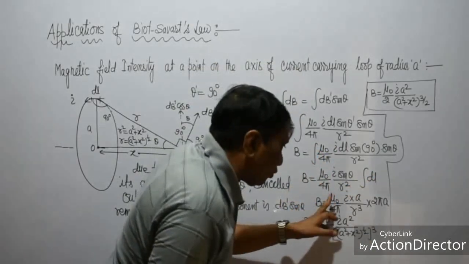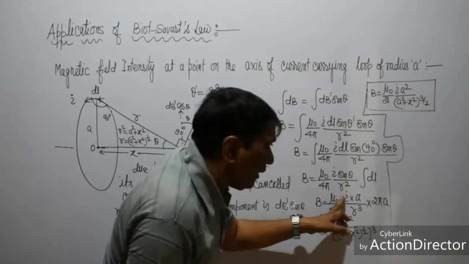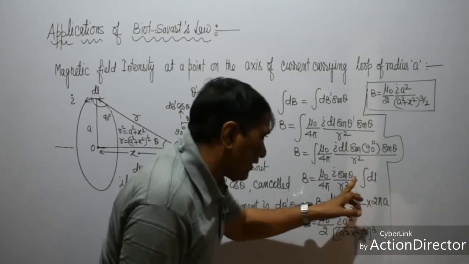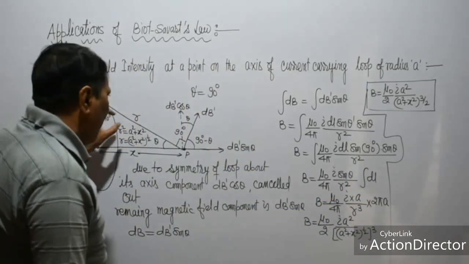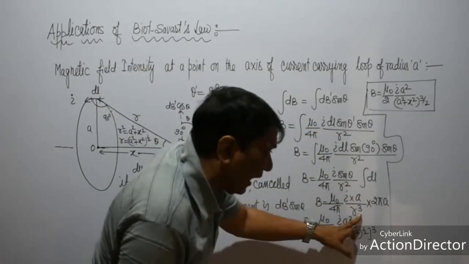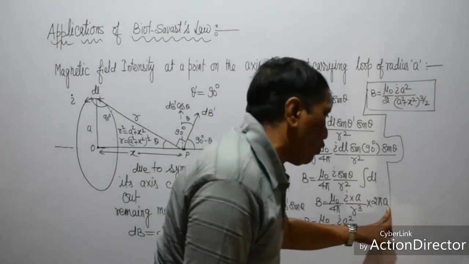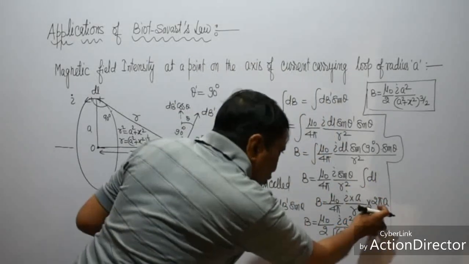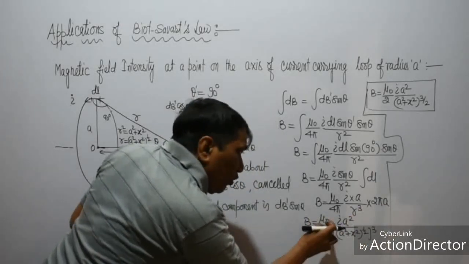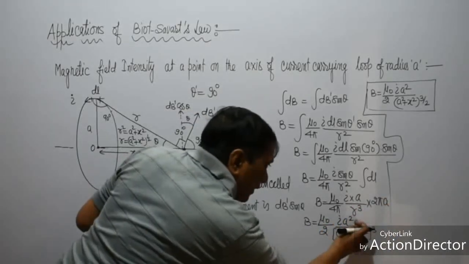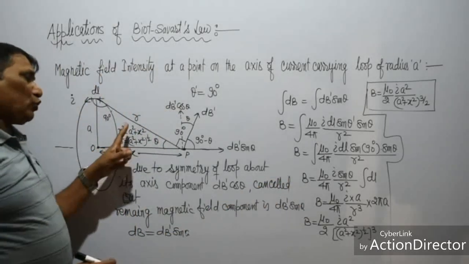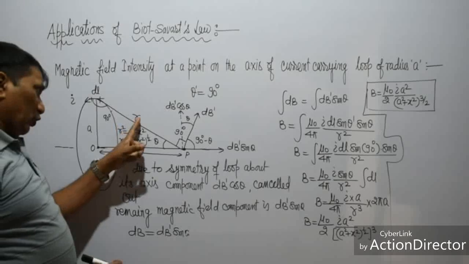So here B equal to mu 0 upon 4 pi I into a, since sin theta equal to a upon r, into r square, that is r cube. Integration dl is 2 pi a. So finally this 2 pi cancels 4 pi, and here we have 2. B equal to mu 0 upon 2 I into a square, and here for the value of r, r square equal to a square plus x square by Pythagoras theorem.